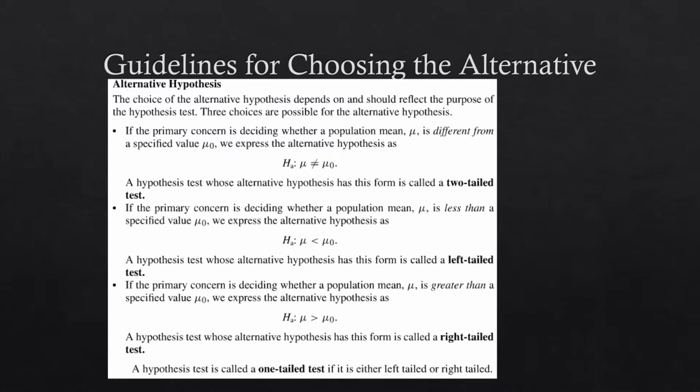And when the population mean is greater than the specified value, that's what we call a right-tailed test. A hypothesis test is called a one-tailed test if it's either left or right-tailed. Okay, won't see many of those in this class. We will mainly see two-tailed, left-tailed, and right-tailed.